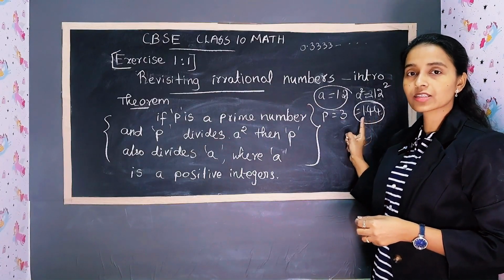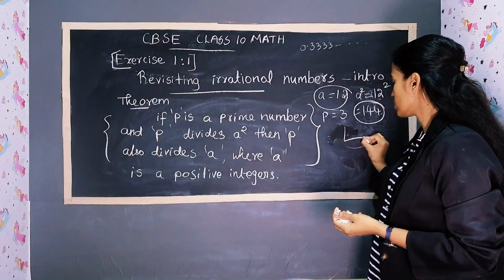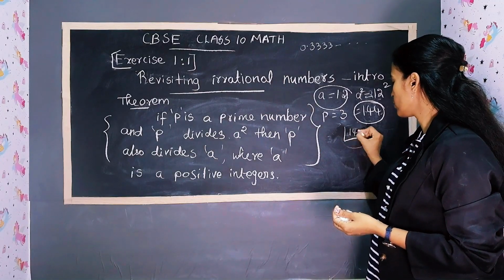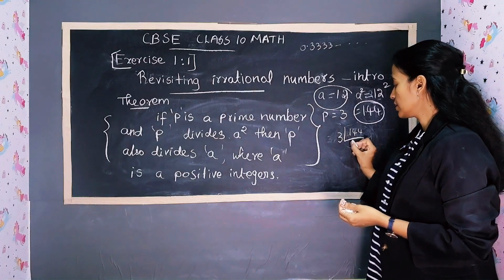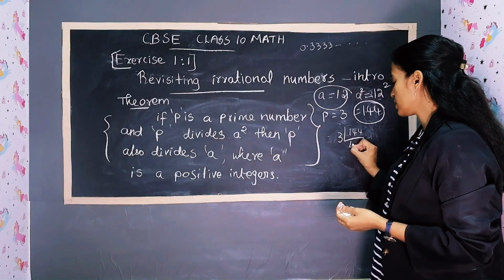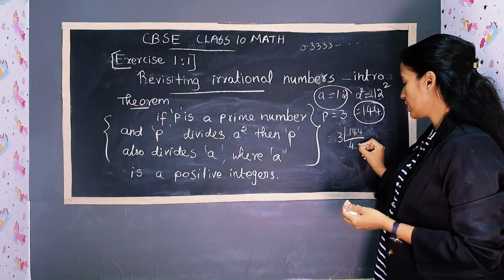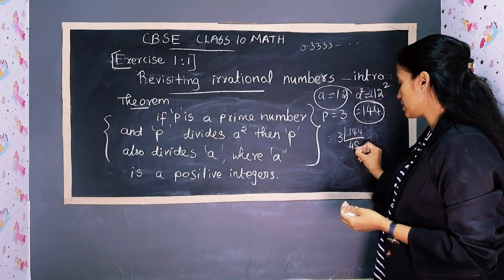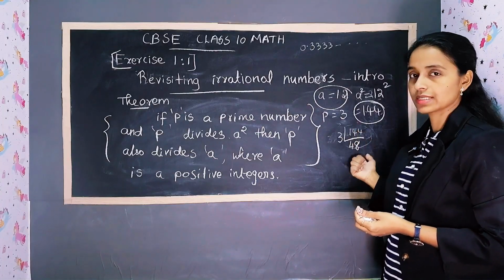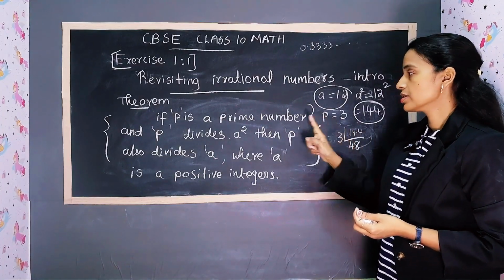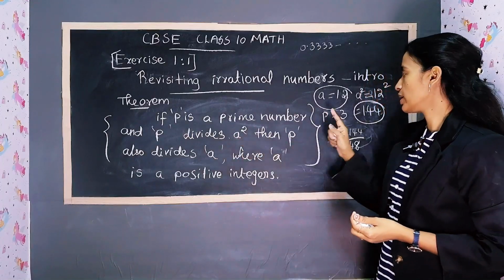We can divide this 144 by 3 completely, right? We can use the long division method. 144 by 3: 4 threes are 12, remaining 2, 2 and 4, 24. 8 threes are 24, right? So I can divide this 144 by 3 easily. 48 I am getting. That's why p divides a square.